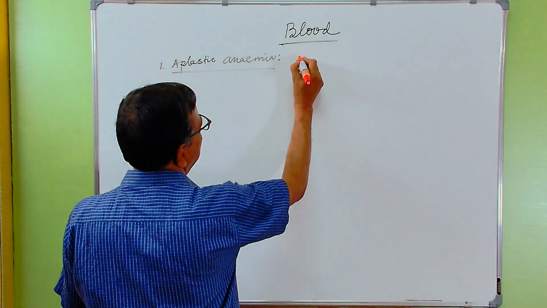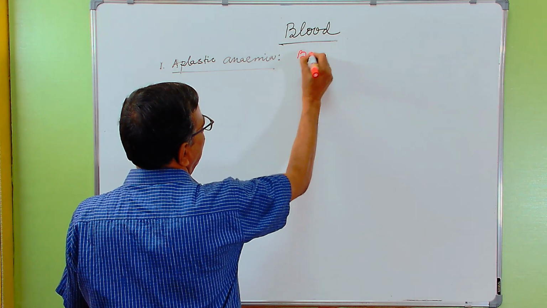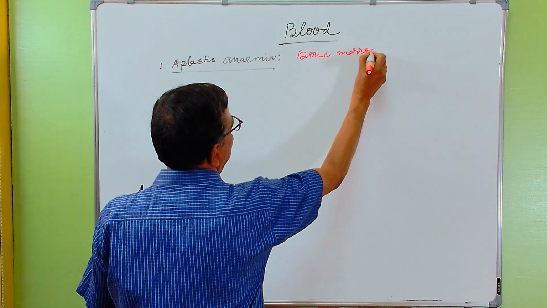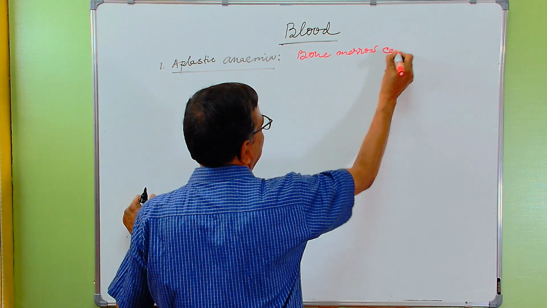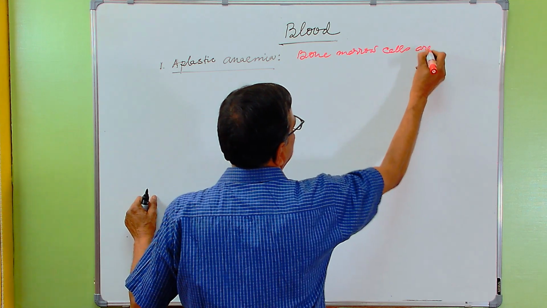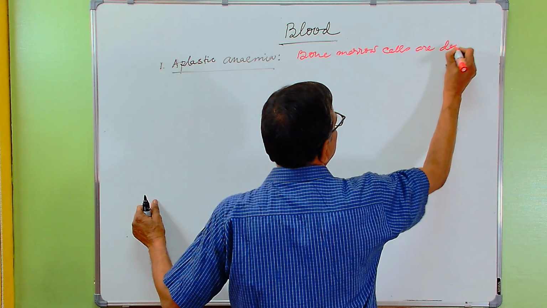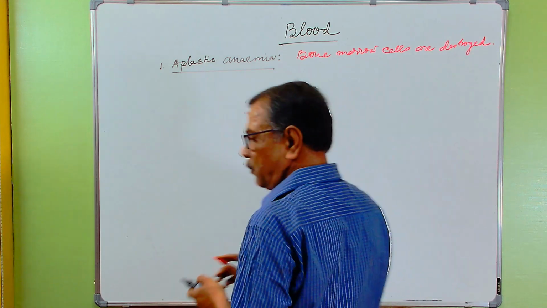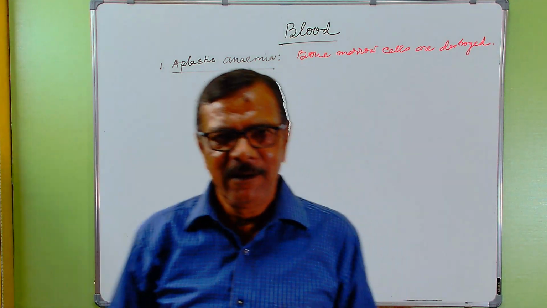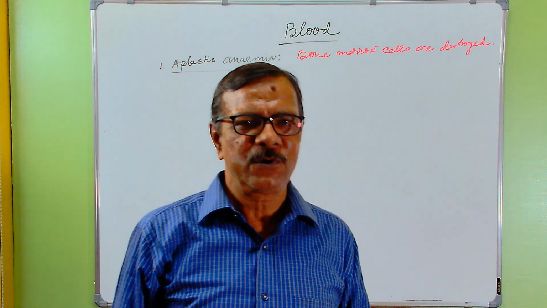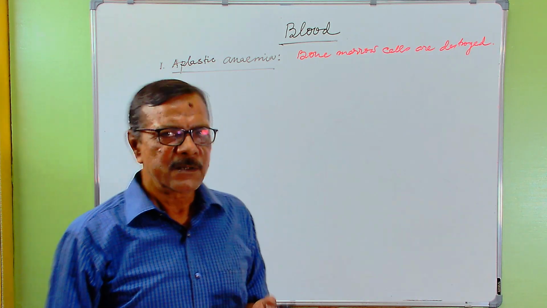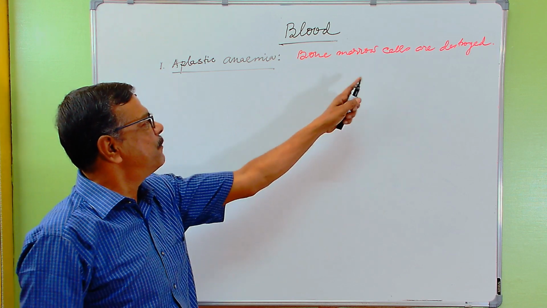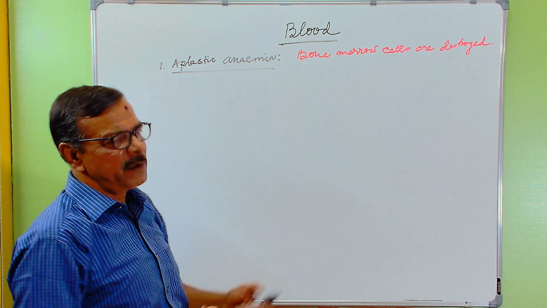You write: bone marrow cells are destroyed. So there is no production of RBC. The production unit is closed because of some problem. So the bone marrow is destroyed, and aplastic anemia occurs.